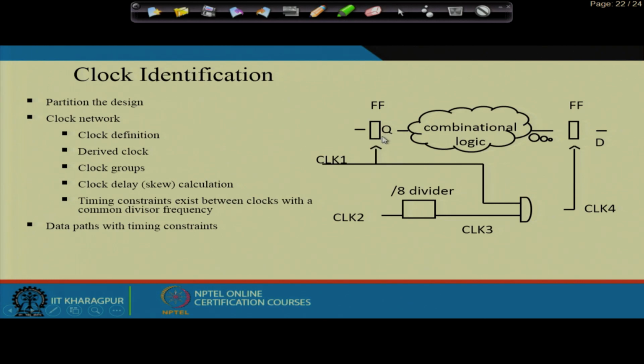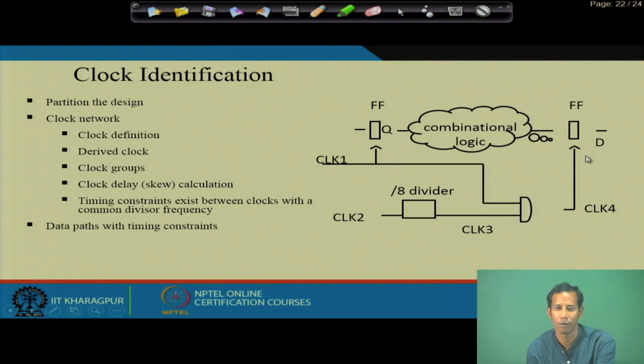Here this flip flop is driven by clock 1, and this other flip flop is driven by another clock 2, which is divided by 8, and then clock 1 and clock 2 are ANDed and go to this flip flop. So this is some kind of gated clock we have used in the case of flip flop 2.